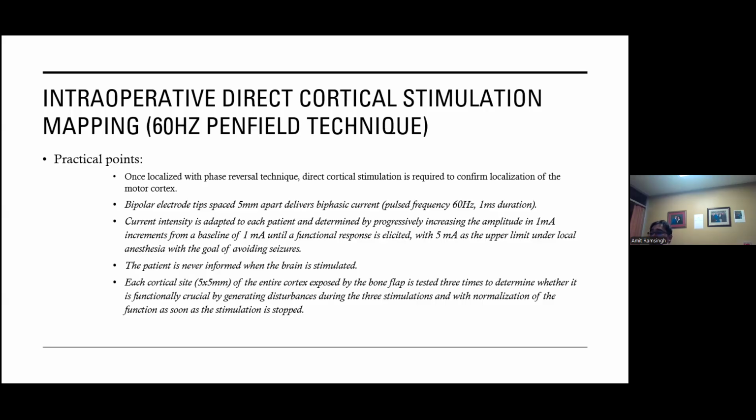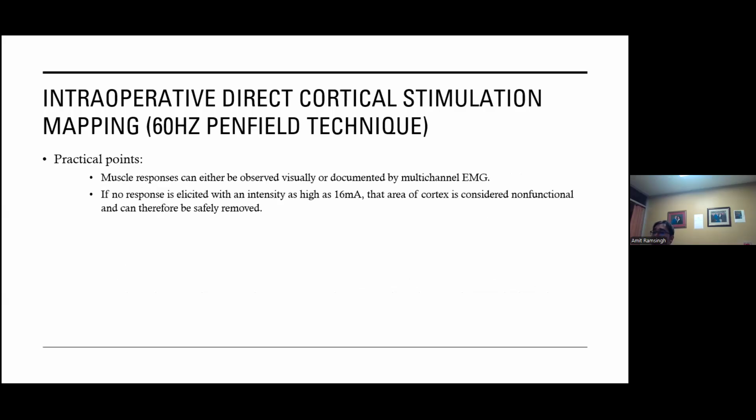The patient is never informed when the brain is being stimulated, and each cortical site, represented by a 5 by 5 millimeter part of the entire cortex exposed by the bone flap, is tested 3 times to determine whether it is functionally crucial, by generating disturbances during the 3 stimulations and with normalization as soon as we stop the stimulation.